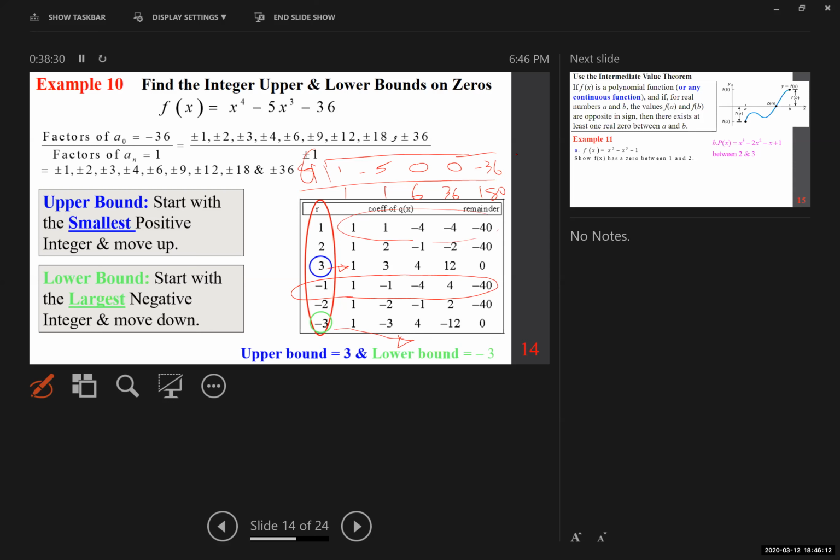Number 6 is the upper bound, therefore. So I believe number 4 doesn't do that for me. So this is wrong. All right, sounds good. Everybody, let's see if we have it.